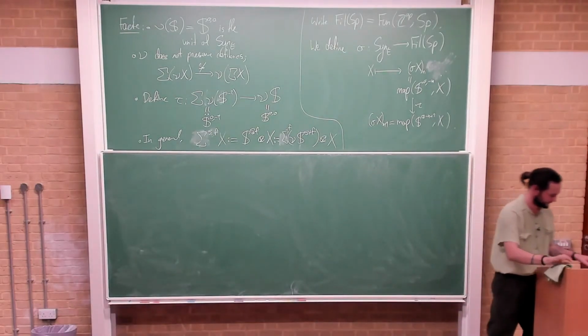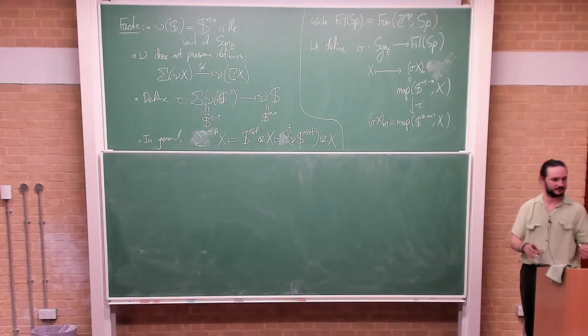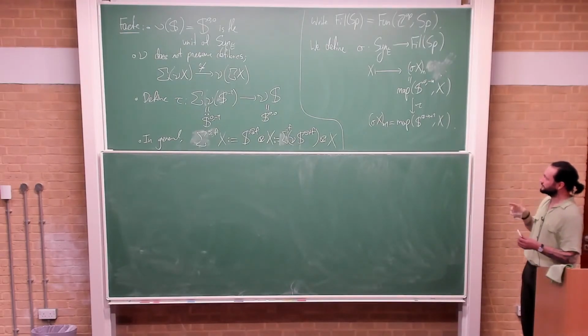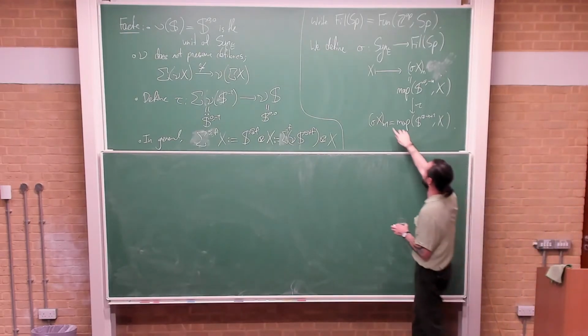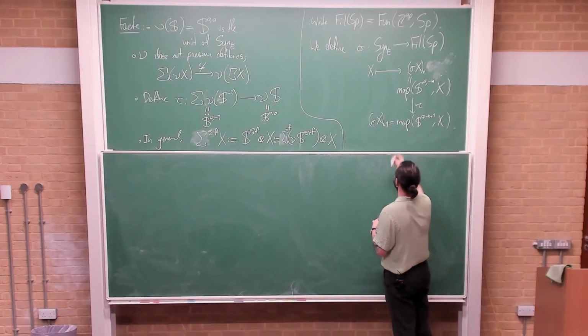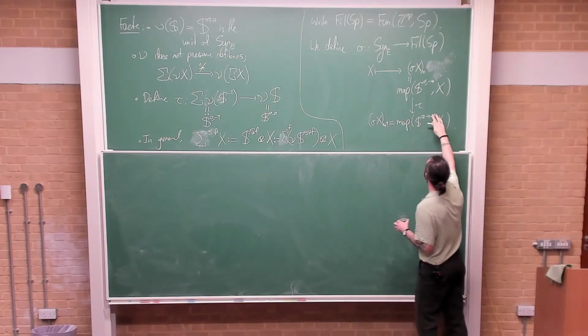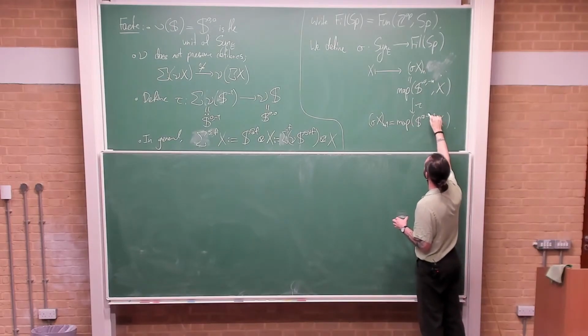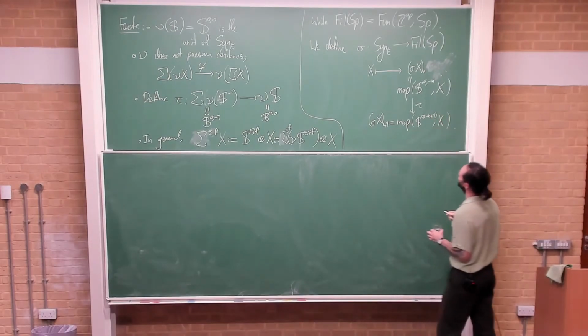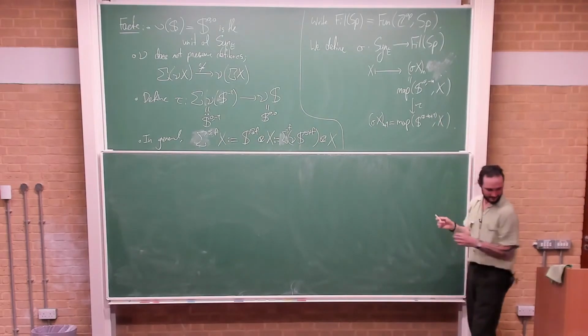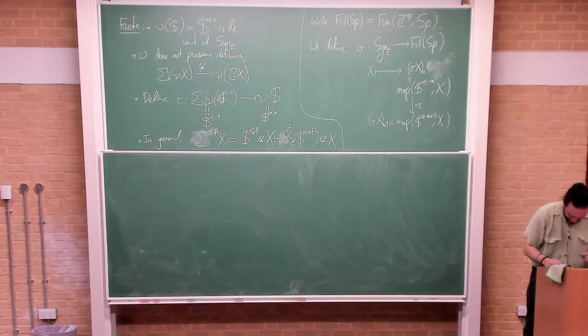Okay. Are there any questions at all so far? Yeah. Fantastic. Is this the right direction? Is that really what I want to do? I mean, it either works or it doesn't work.